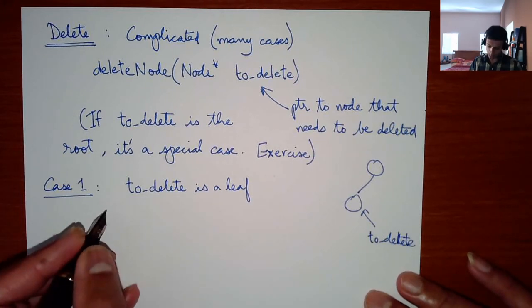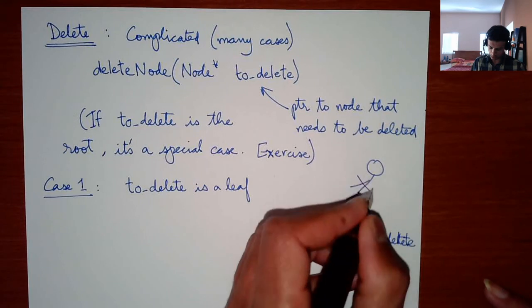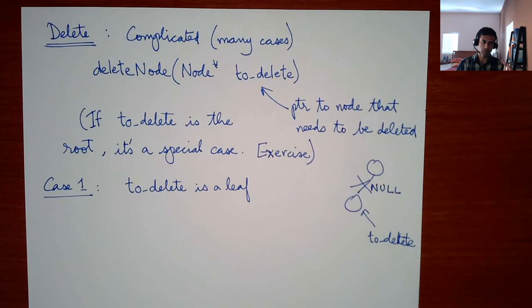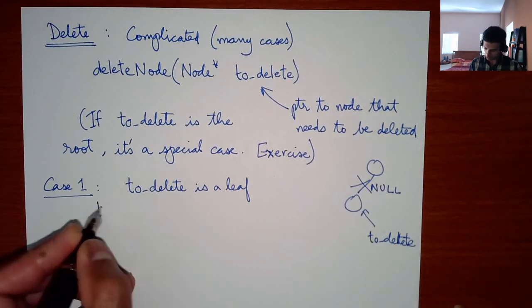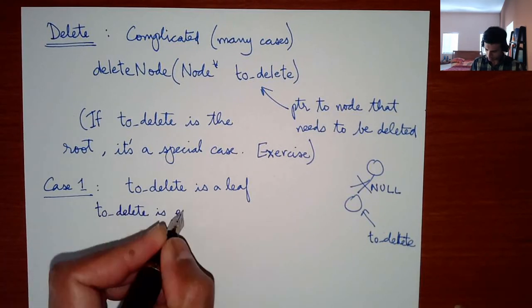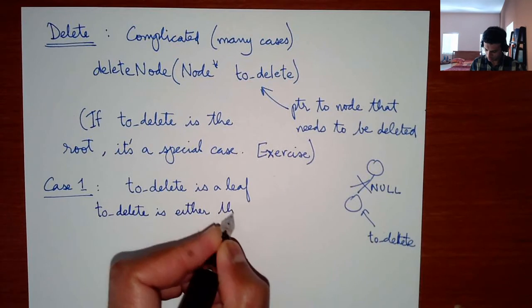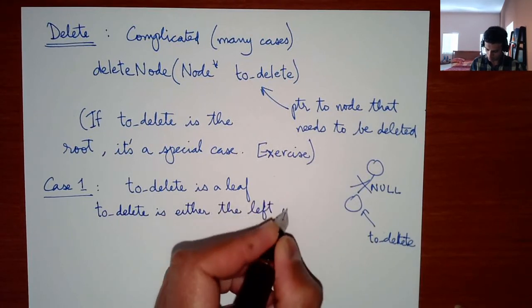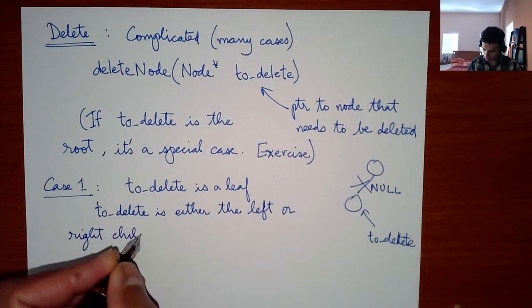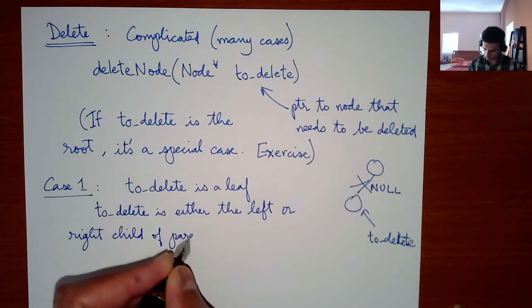So in this case, it's actually quite easy. All you do is you can just set that to null, and you'd be done. And then you can, of course, return the pointer. You can do whatever you want with toDelete, free it, not free it, whatever is appropriate. The important thing is how do you change the tree. So what you say is, well, toDelete is either the left or right child of the parent.